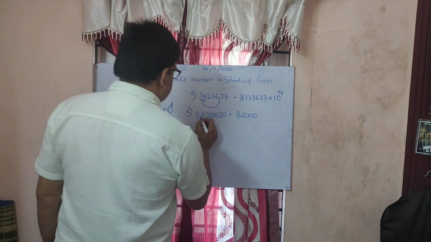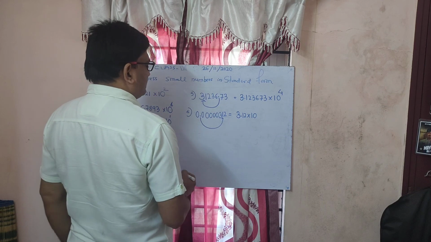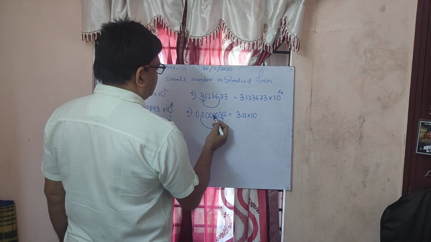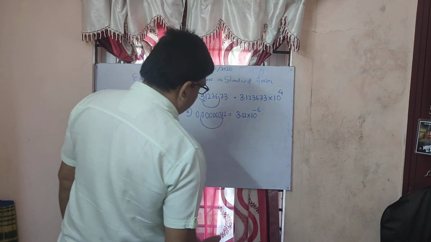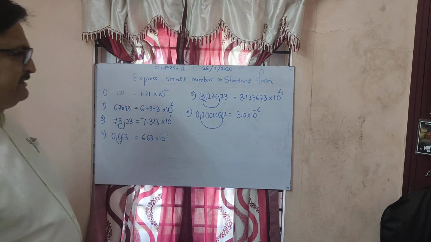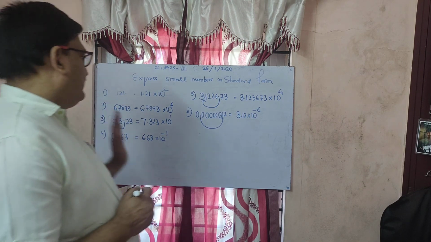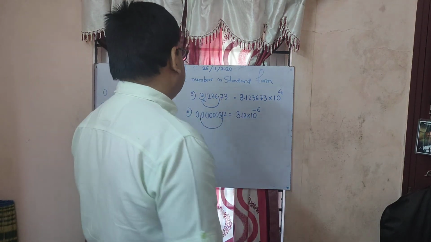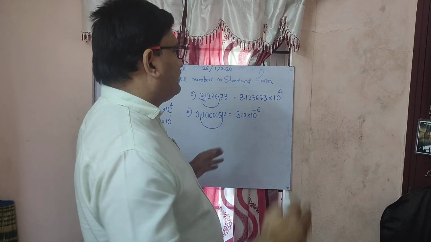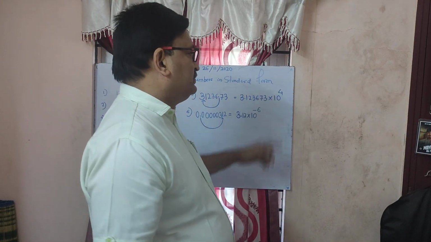Now the point is here, it moved from here to here. How many places did it move? 1, 2, 3, 4, 5, 6. So now it will be negative. This means if the decimal point moves from left to right, the power will be negative. If the point moves from right to left, the power will be positive.